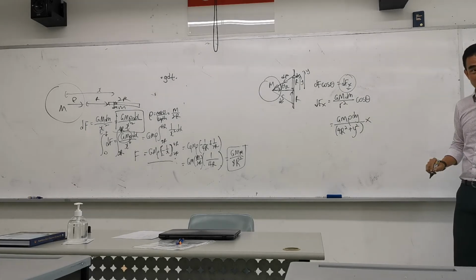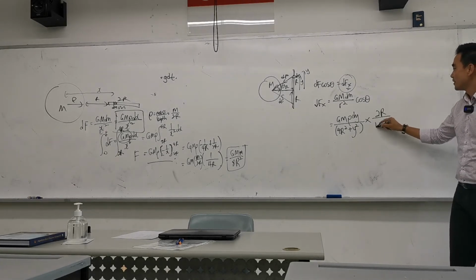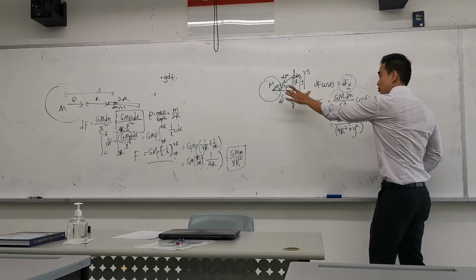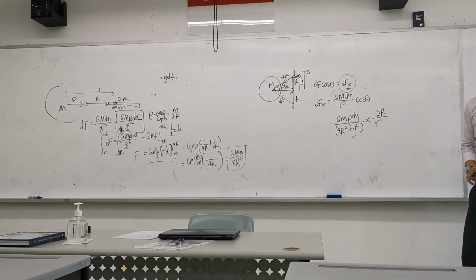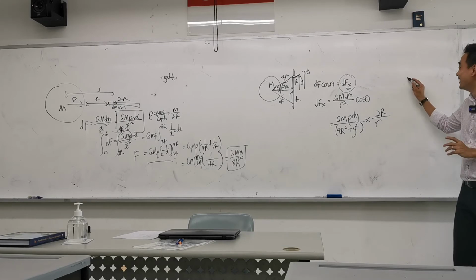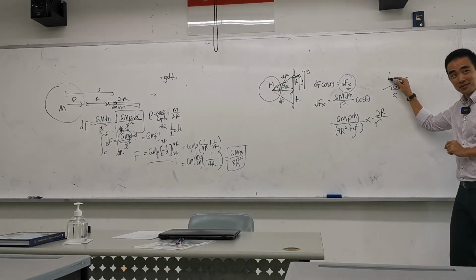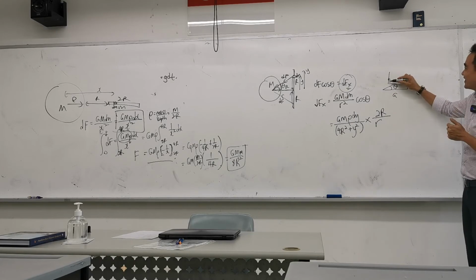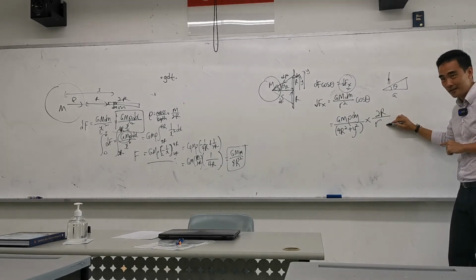Times cosine theta, which is equal to 2r divided by r. Theta, adjacent over hypotenuse. Adjacent is 2r, hypotenuse is r.